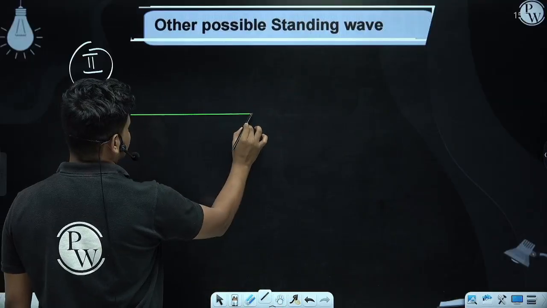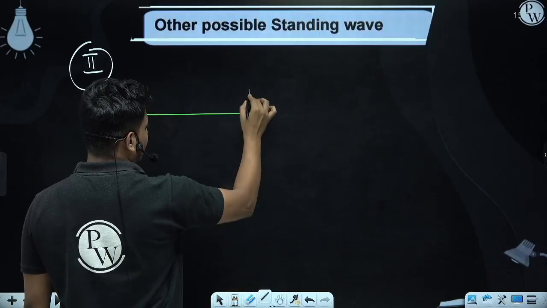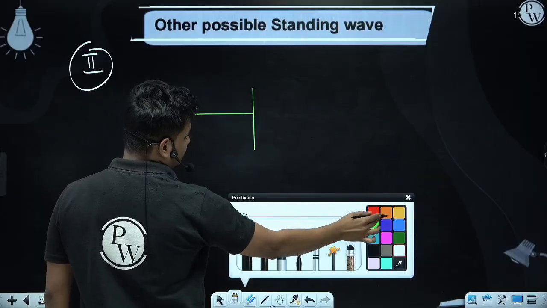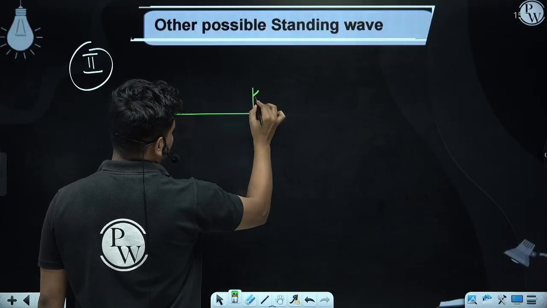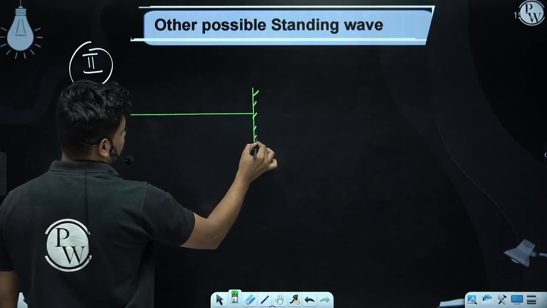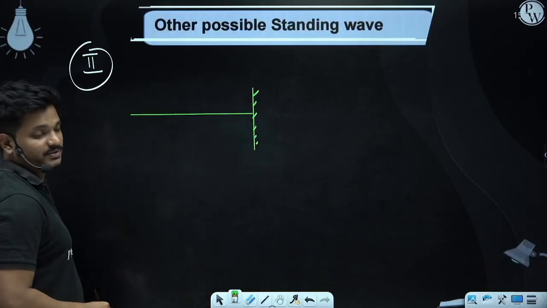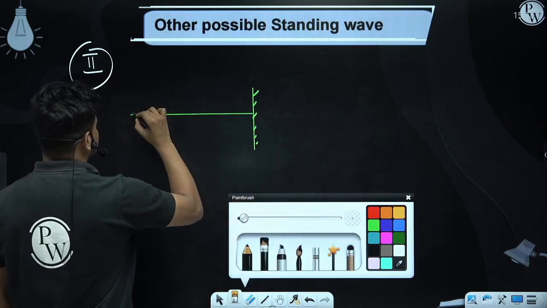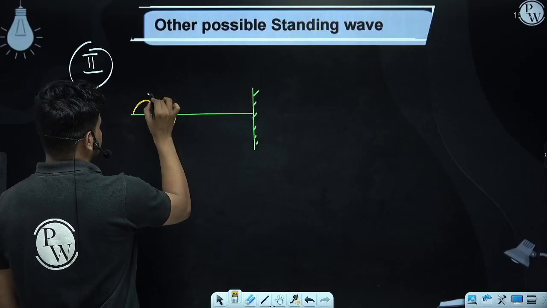It's a string, and this string is fixed at a rigid end, like that. One ray is developed here, and this is y1.